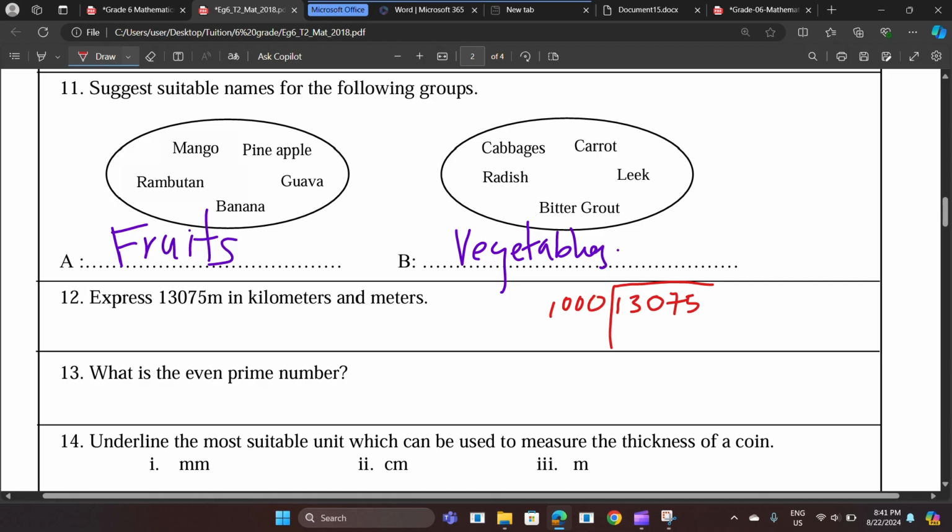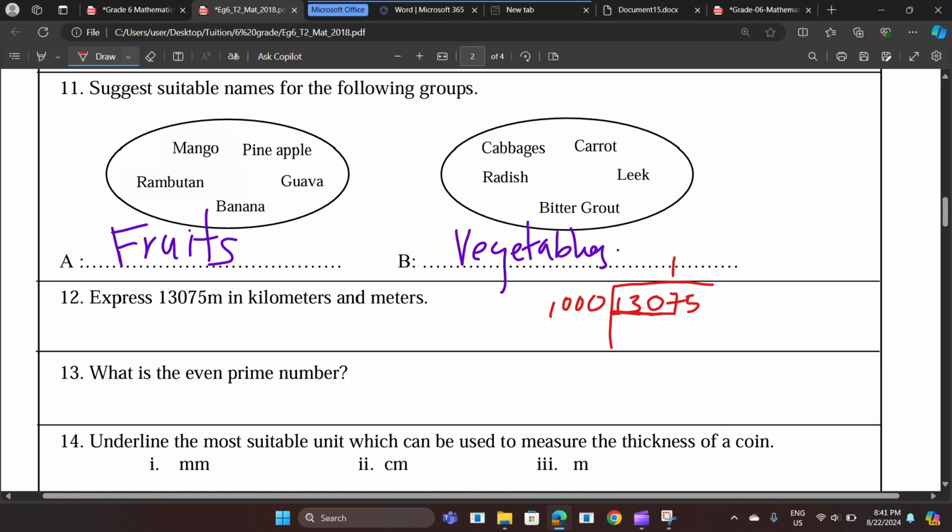For 1, can we divide it by 1,000? No. 13, can we divide? No. 130, can we divide? No. 13,075, can we divide it? Yes, of course. We can divide it by 1,000.